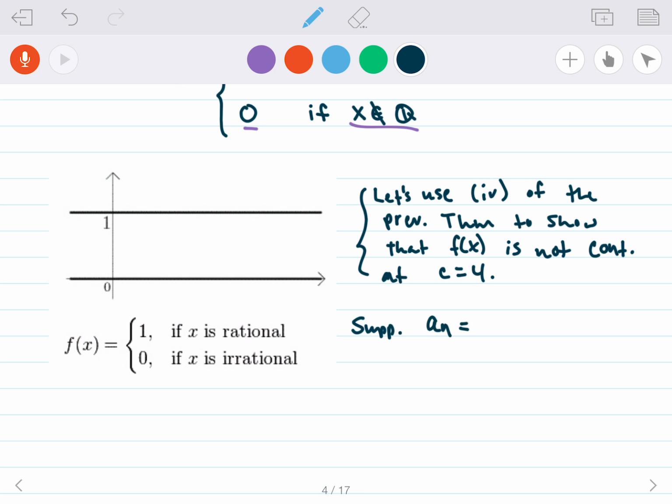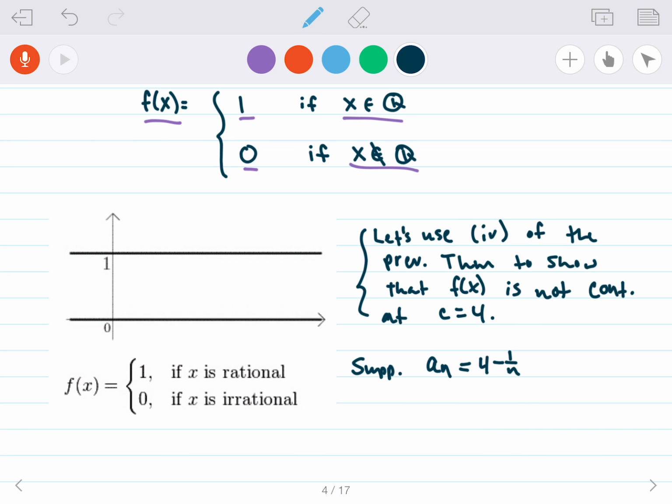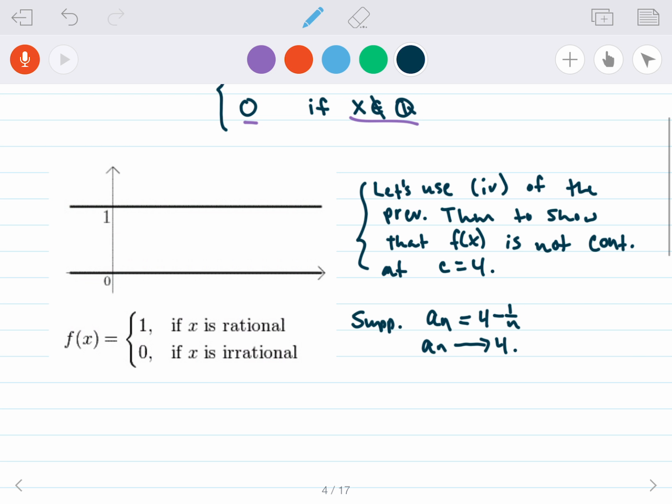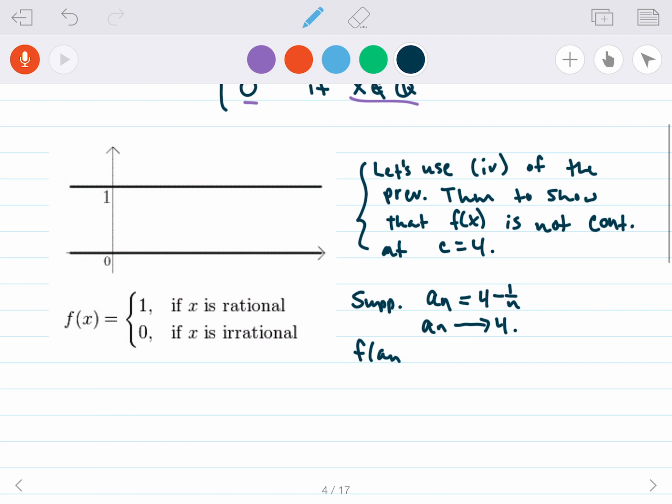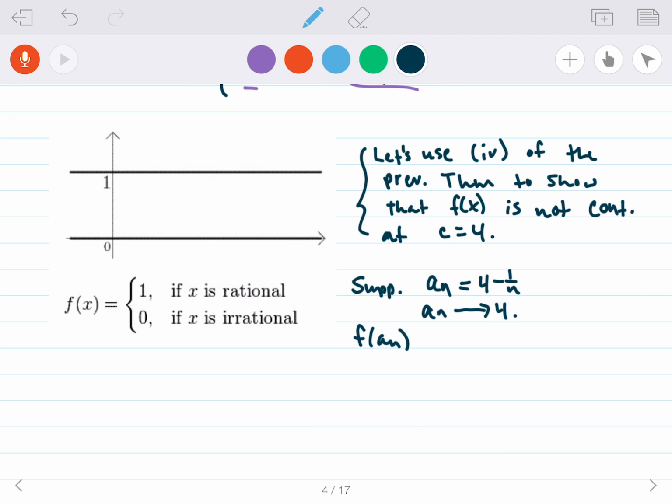Okay, so suppose a sub n equals 4 minus 1 over n. All right, well, we can see that when n gets large, this thing goes to 4, right? 1 over n goes to 0, so this goes to 4. What does f of a n go to? So f of a n is going to be f of 4 minus 1 over n.